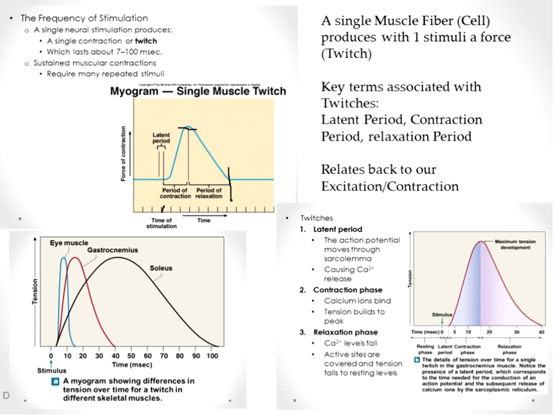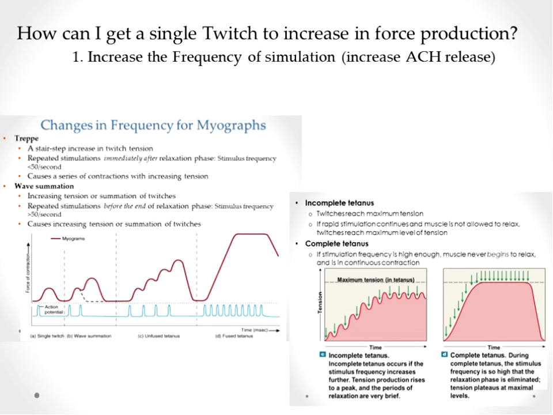Okay? And so when I want this contraction to have a little more height, one of the things I can do with stimulation frequency is try to get my second stimulation on this muscle at a time where it either happens the minute the muscle is finished contracting, while the muscle is in its state of relaxation, or I let the frequency happen while it's maybe even in its contraction phase.